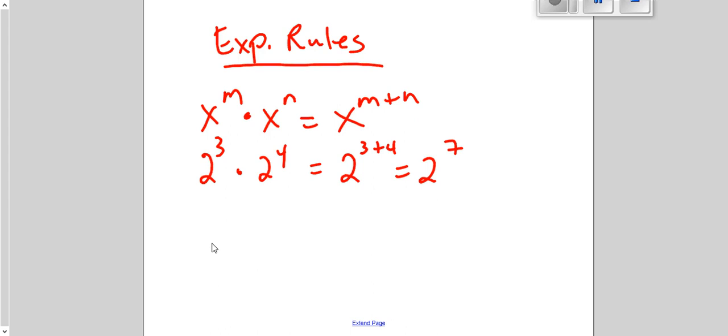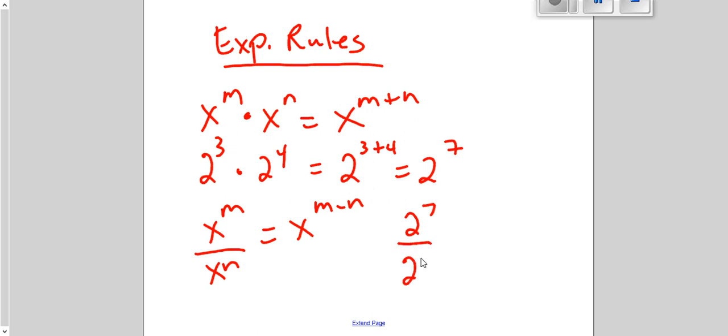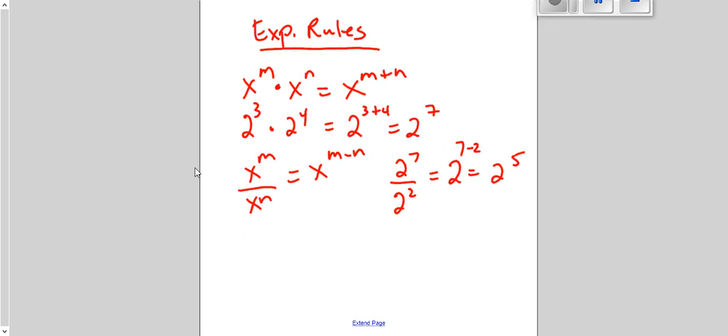And then we also know that when we're dividing, we subtract our exponents. So if I had 2 to the 7th over 2 squared, that would be 2 to the 7 minus 2, which would be 2 to the 5th. So division is subtraction, multiplication is addition.